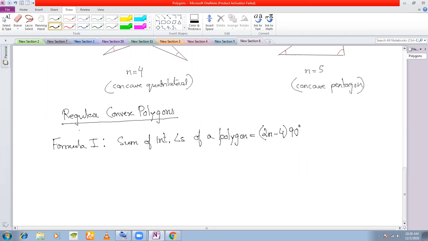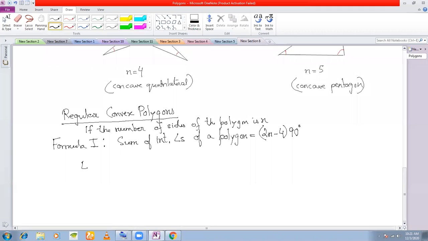Let me write here. If the number of sides of the polygon is n, then this is the formula.